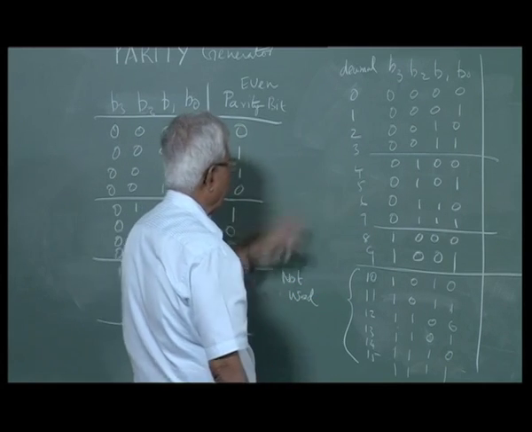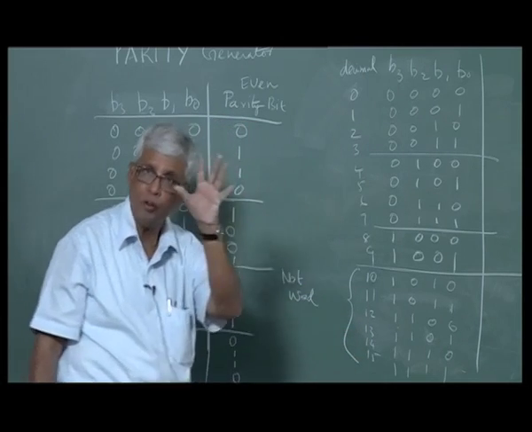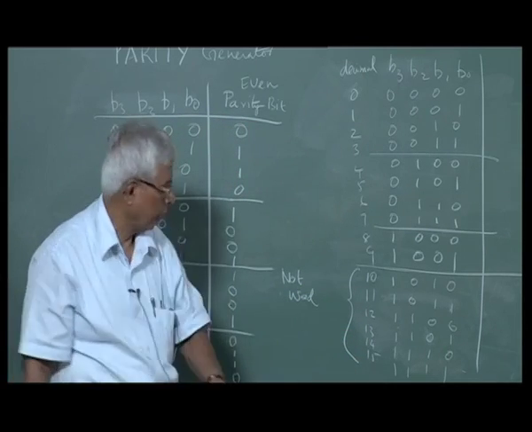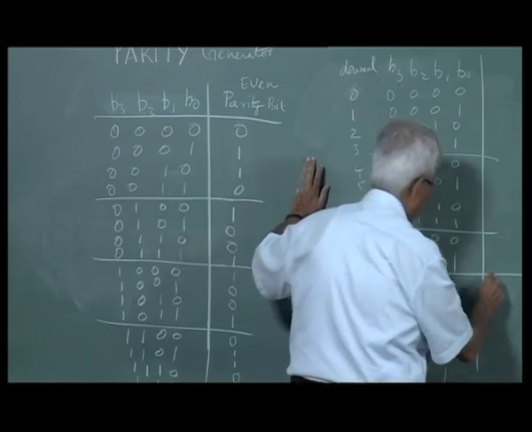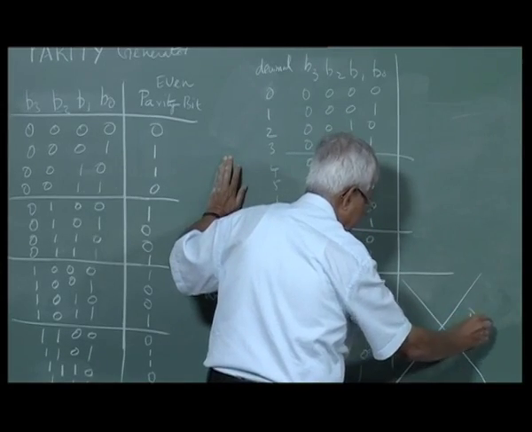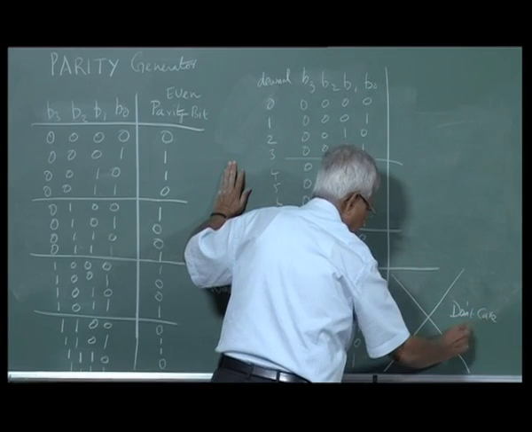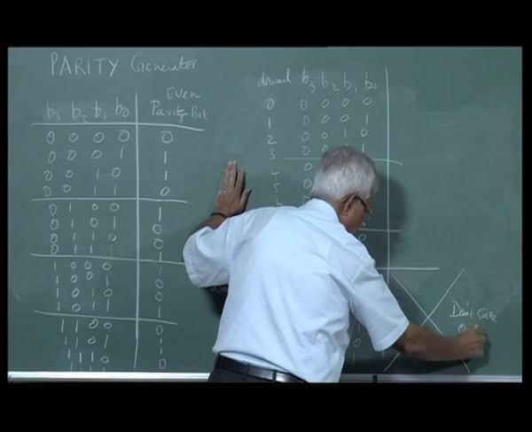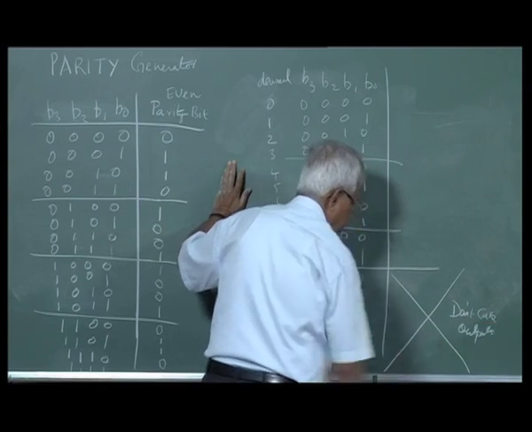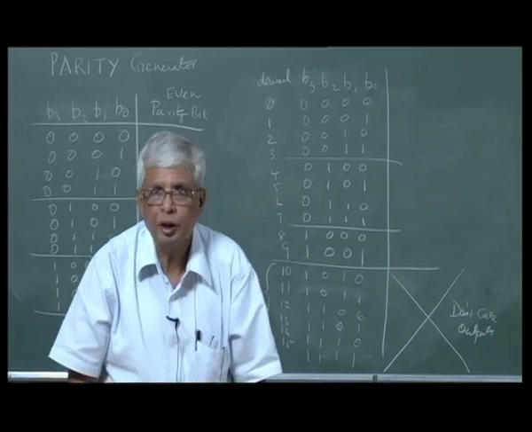For a decimal display we want only 0 to 9. These are don't cares outputs. We already defined what is a don't care output, how to use it beneficially to simplify the logic.